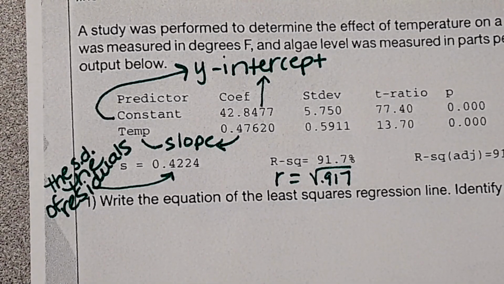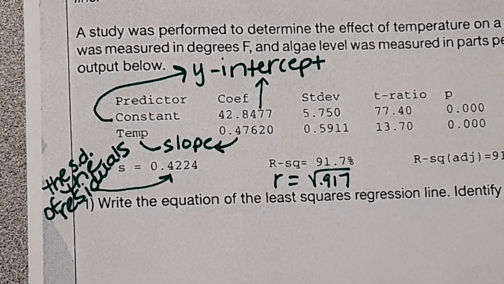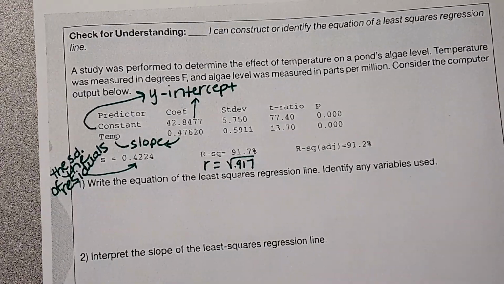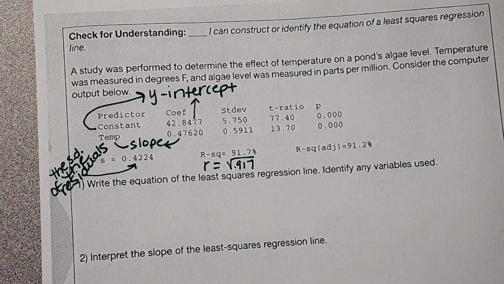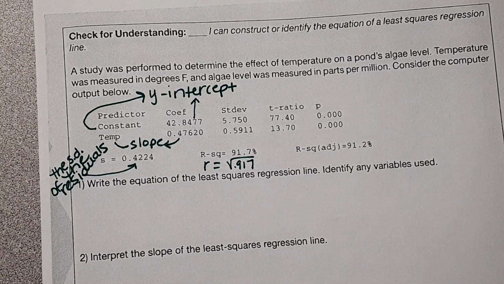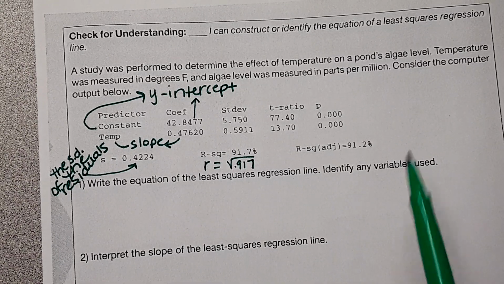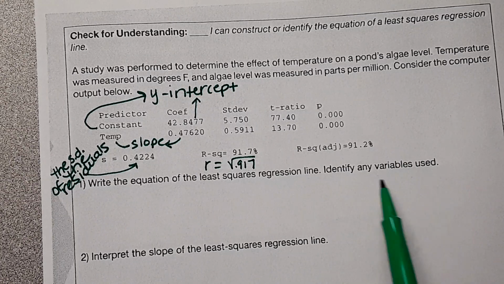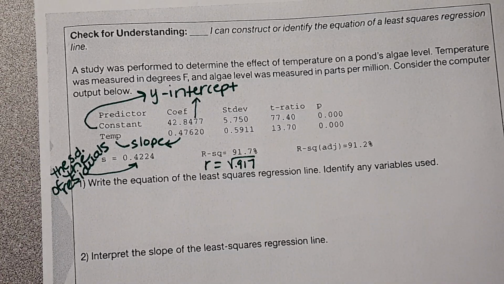I will give you computer output and you will be expected to know how to read it. The AP exam will give you computer output and you will be expected to know how to read it. So the first question is, write the equation of the least squares regression line, identify any variables used. They're not going to tell you, hey, identify those variables.